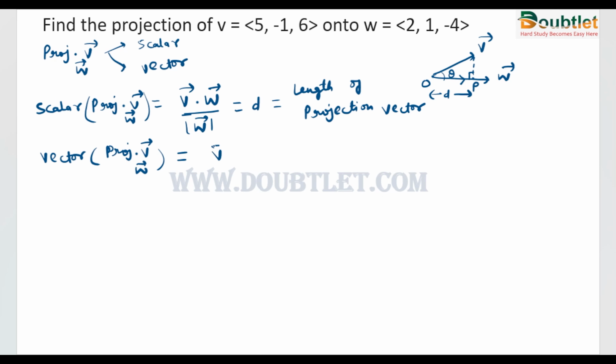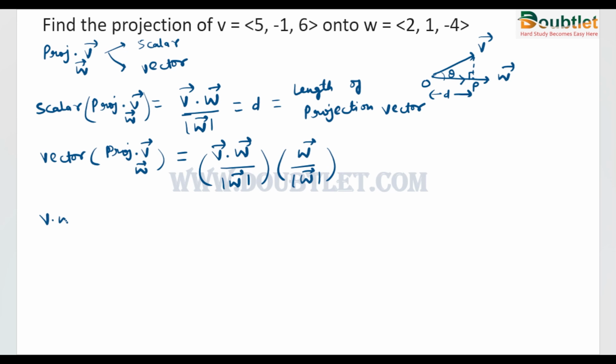If we simply multiply the unit vector along w vector to this magnitude, we will get the vector projection of v on w. The unit vector will be w vector divided by w vector magnitude.